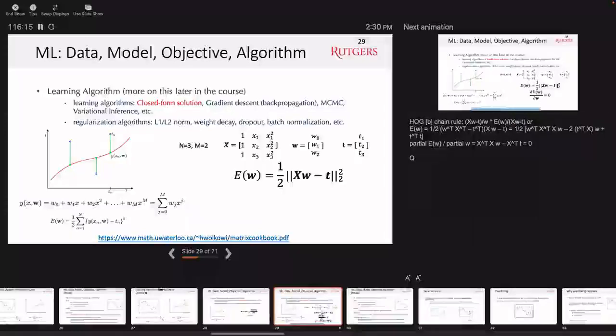But in high school math, we know that given 3 points, in general, given 3 points in a 2D space, you can actually write down the exact solution that can fit these 3 points. Right?